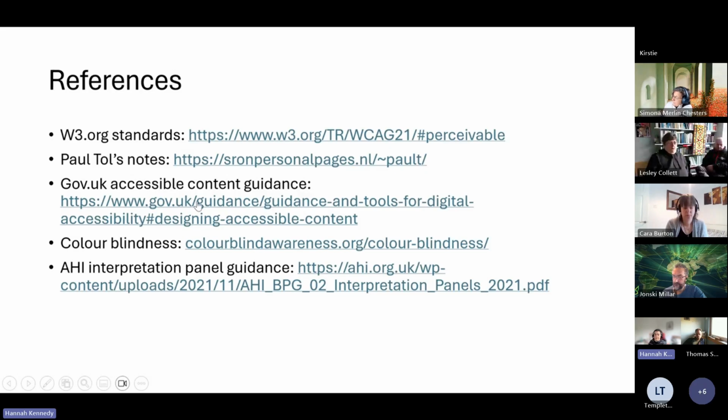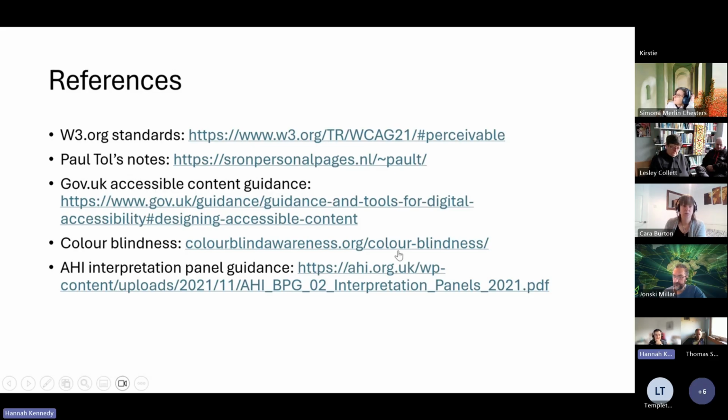GovUK have got some really good content and guidance on creating and designing accessible content. It is aimed at arm's length bodies or government bodies, but as they're exhibiting the highest standard of accessibility, it's really just very useful and interesting reading.